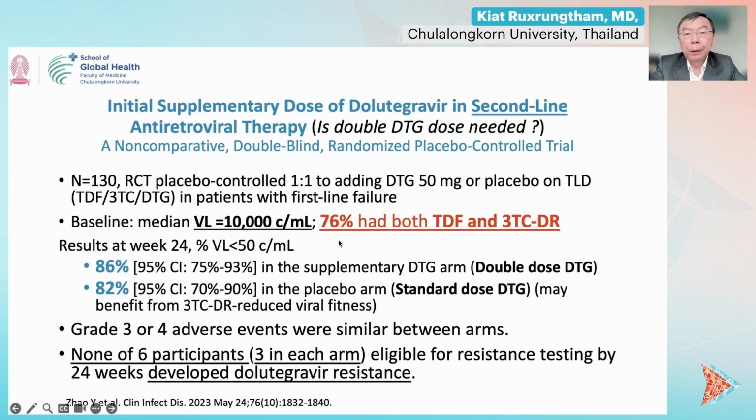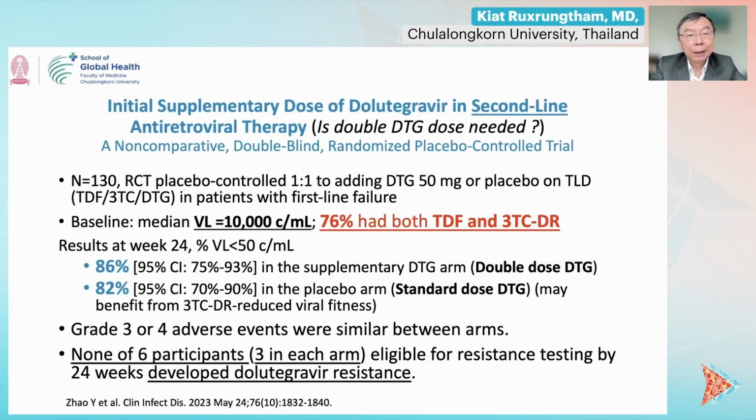So although up to 80% of this group of patients has both TDF and 3TC drug resistance, at 24 weeks of treatment with TLD, either adding another tablet of DTG, doubling the dose of DTG on top of TDF, lamivudine, DTG, or just the standard dose of DTG, the success rate at 24 weeks by undetectable viral load is similar.